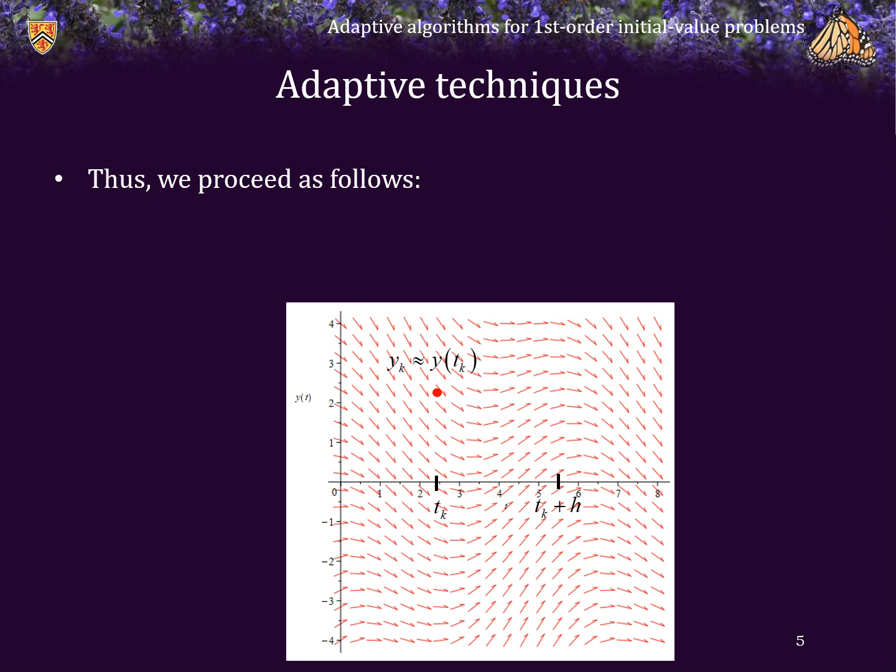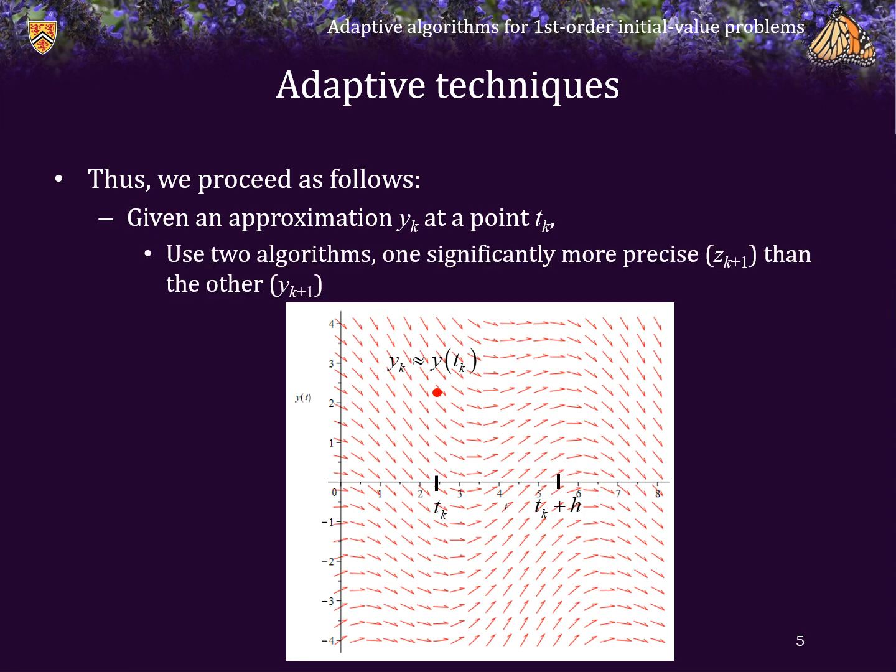Thus, we're going to proceed as follows. Given an approximation y_k at the point t_k, we're going to use not one, but 2 different algorithms, one of which is significantly more precise.